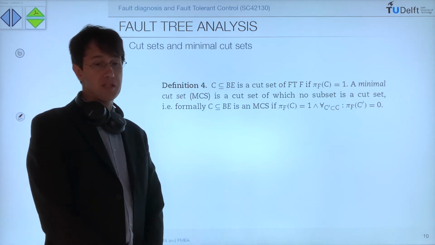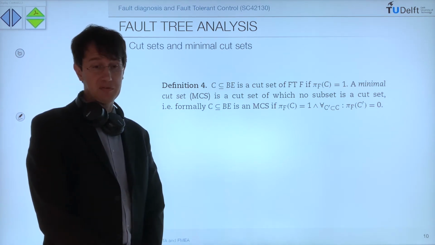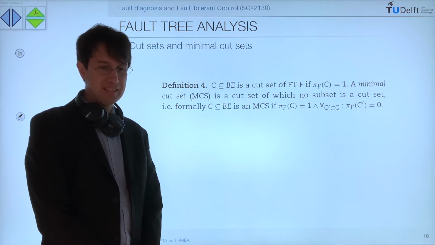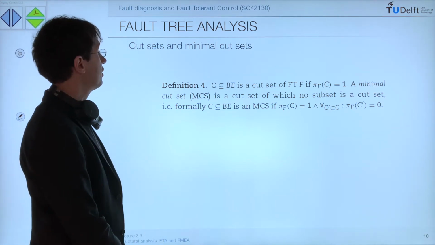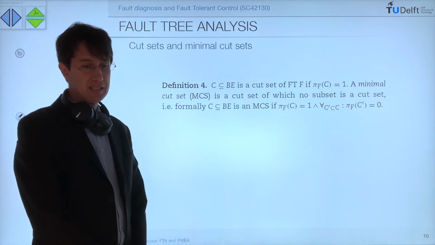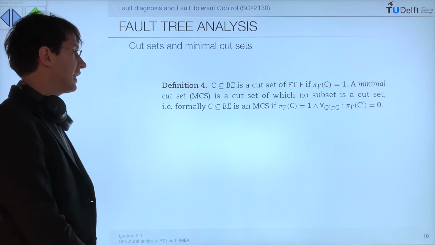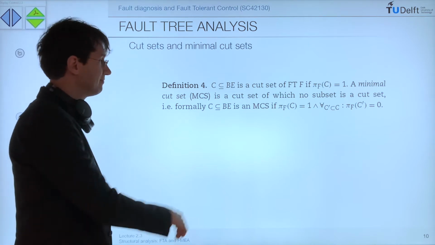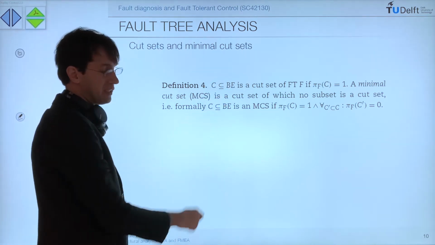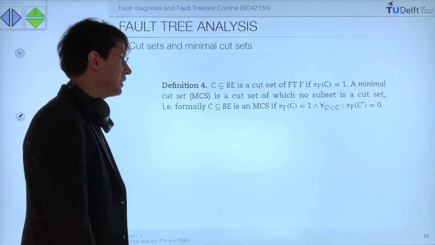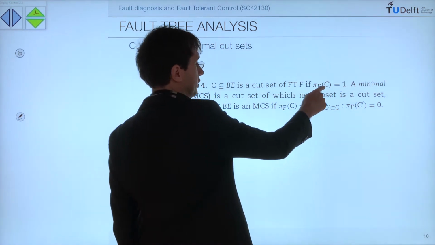And then there is an important concept, the main concept in the analysis of a fault tree, which is the concept of the cut set and the minimal cut set. So a cut set, C, is a subset of the basic events such that the semantic function is true.